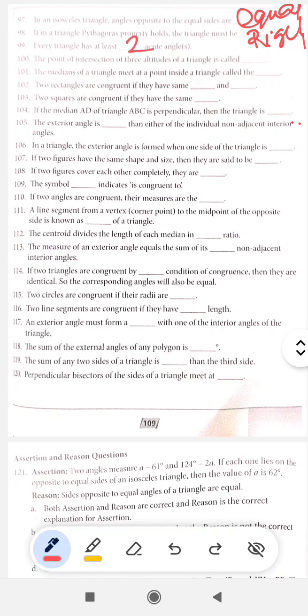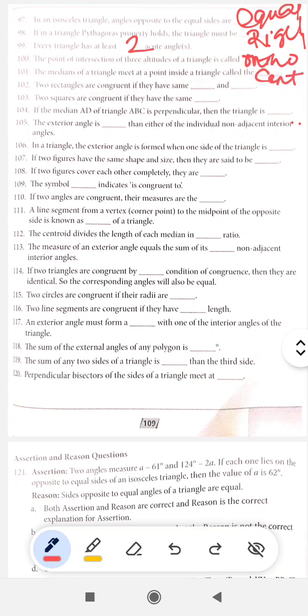Whether it is a right angle triangle or an obtuse angle triangle, it has two acute angles, and in an acute angle triangle there are a maximum of three acute angles. Now come to the next one. Question number 100: the point of intersection of the three altitudes of a triangle is called the orthocenter. Now, the medians of a triangle meet at a point inside the triangle, called the centroid.